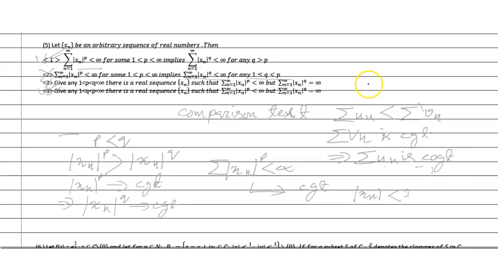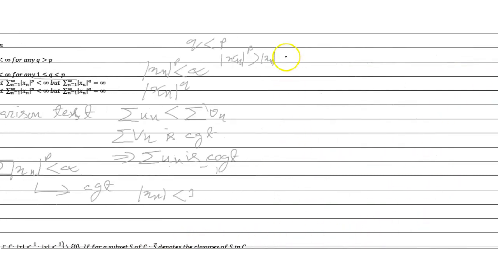Because the summation of mod of x_n whole to the power p is less than infinity, and in case that q is greater than p, mod of x_n whole to the power p is greater than mod of x_n whole to the power q.